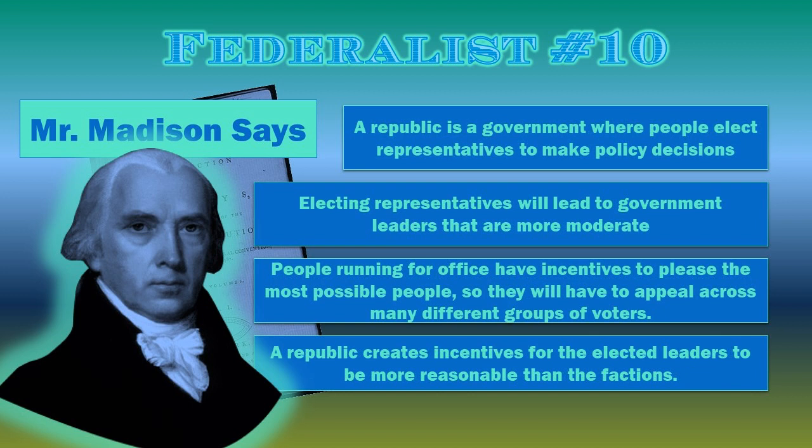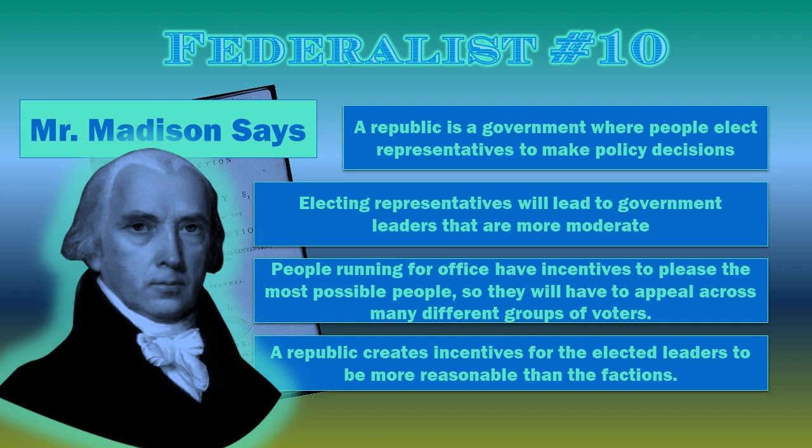Madison's ideal government here is a republic, and he describes that as he wants a small number of citizens making decisions who've been elected by the rest of the citizens. So what he thinks is going to be better about this system is that the people that end up representing the government are going to be more focused on what's best for all of society.